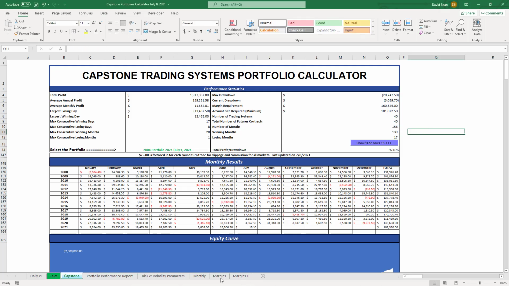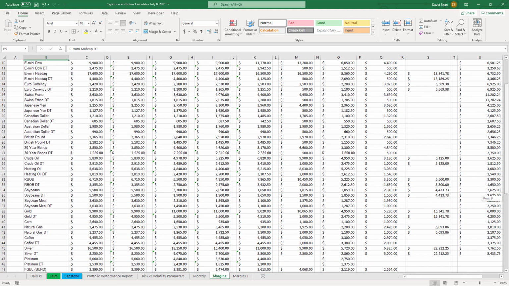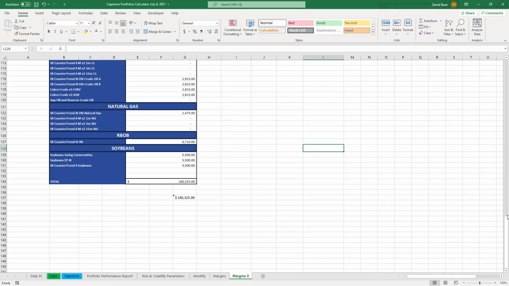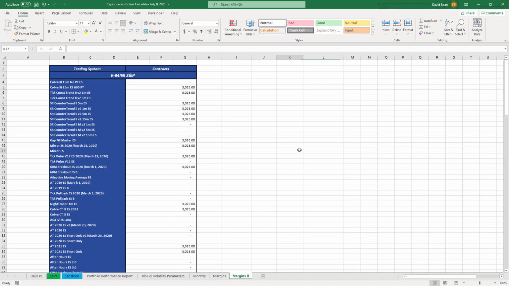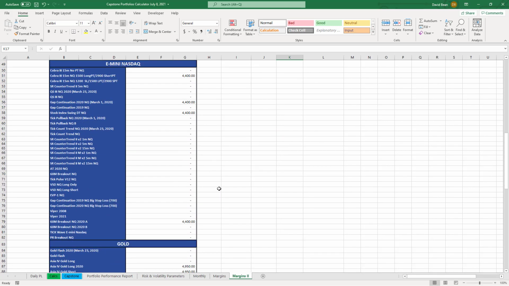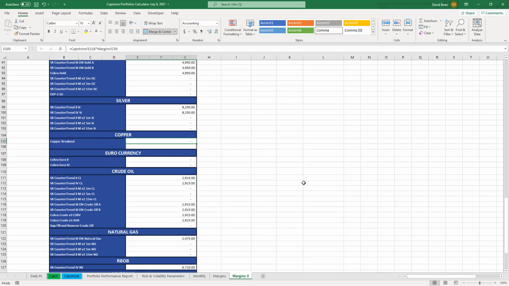Also, I did want to say that I did update the margin requirements. They're not much different than March the 19th. The margin requirements on 7.8 and TradeStation are about the same. Also, some of the margins in this were not added. I had not added copper breakout, and I think maybe some of the new strategies.